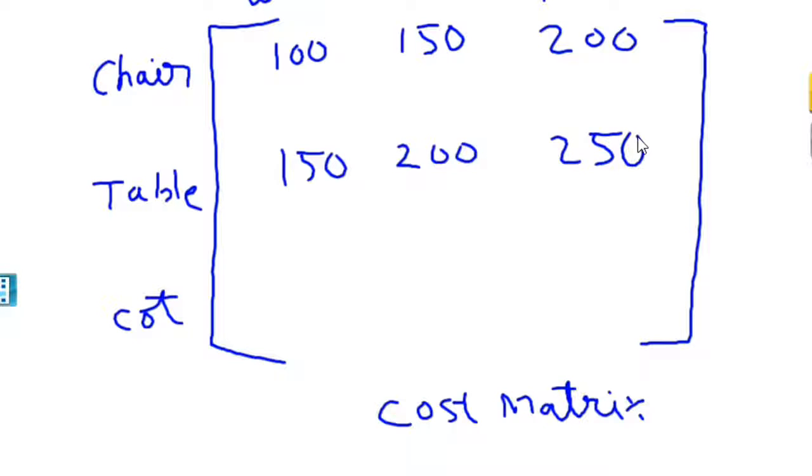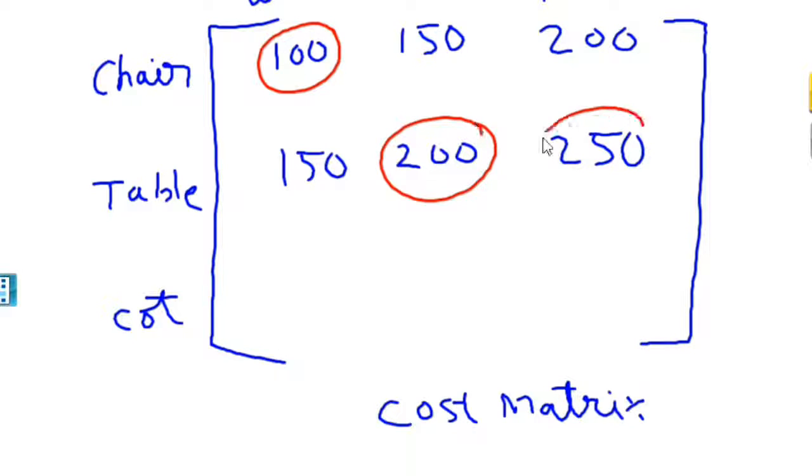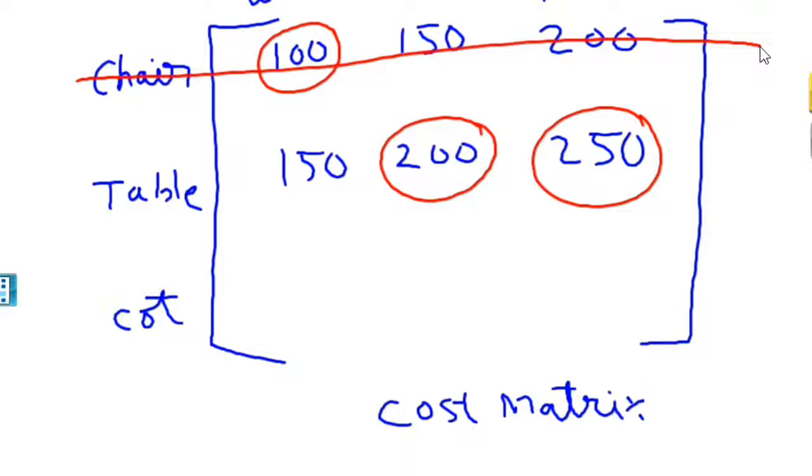A matrix by definition is arrangement of numbers, also known as elements, arranged in certain number of rows and columns.